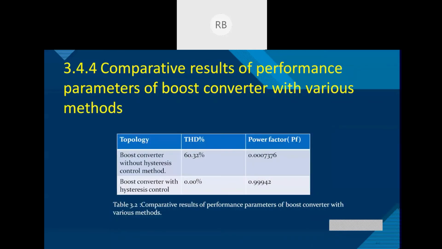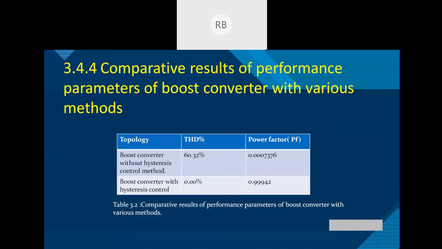we will see the comparative result of the performance of the boost converter with and without hysteresis control. In the first part, for the boost converter without the hysteresis control method, the total harmonic distortion was 60.32% along with a very low power factor, that is 0.000736.